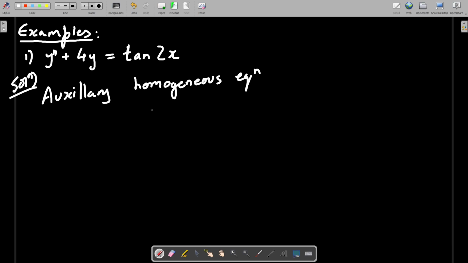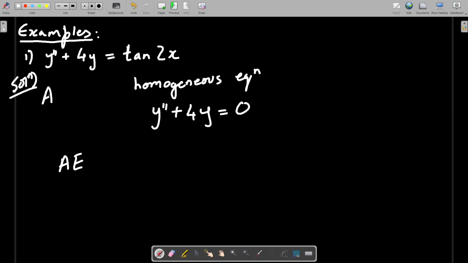Auxiliary homogeneous equation, that's going to be y double prime plus 4y is equal to 0. So this should not be called auxiliary, just a moment. Sorry, this is called associated.